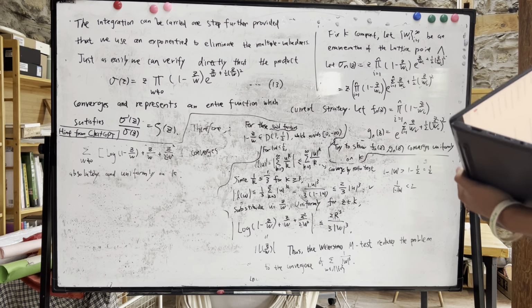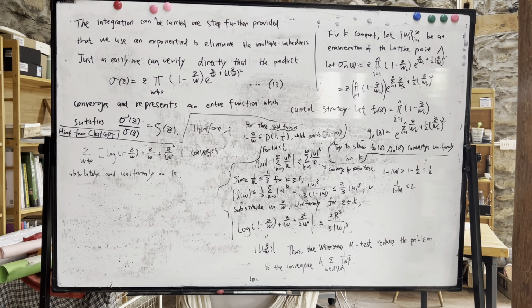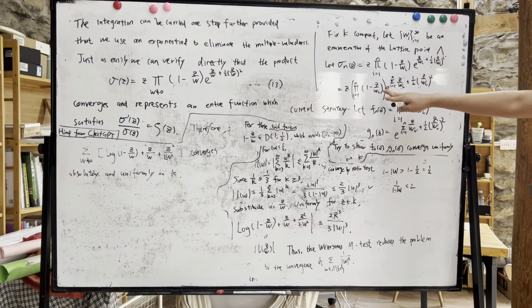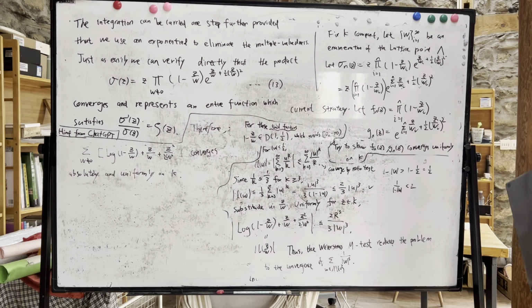Wait, I don't think I need to avoid lattice, because, okay, my bad, when this z is equal to one of the lattice points, the product will be 0.